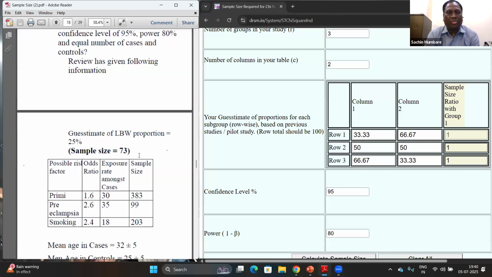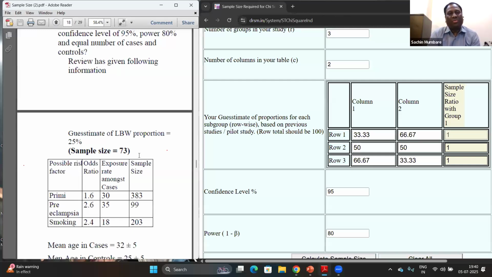Correct. If you include 200 mothers in your study, how many LBW babies will you get? It is 25%, so it is 50.